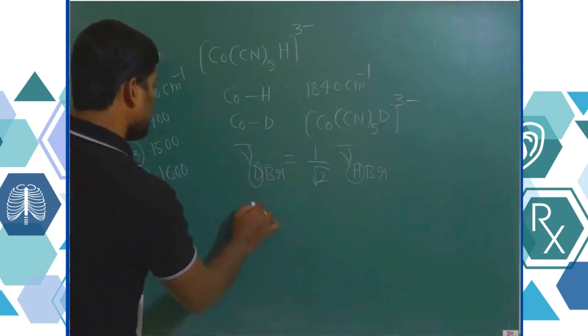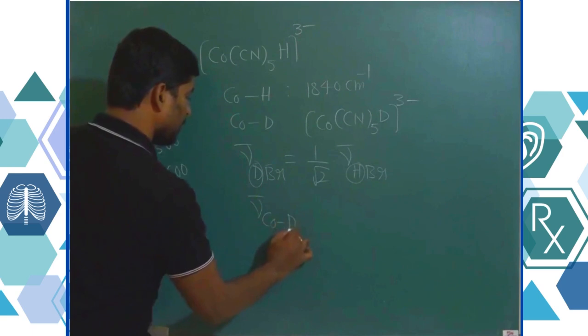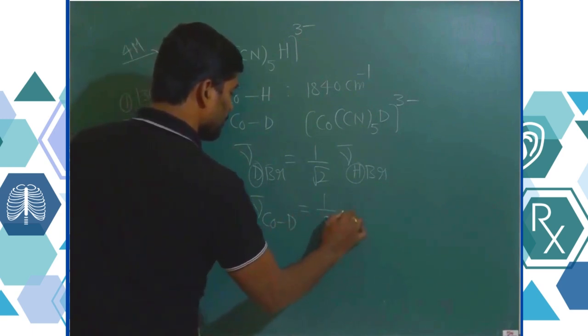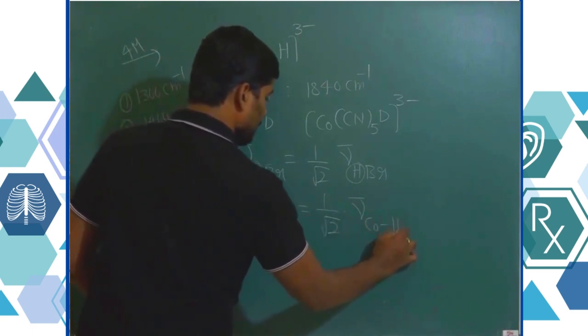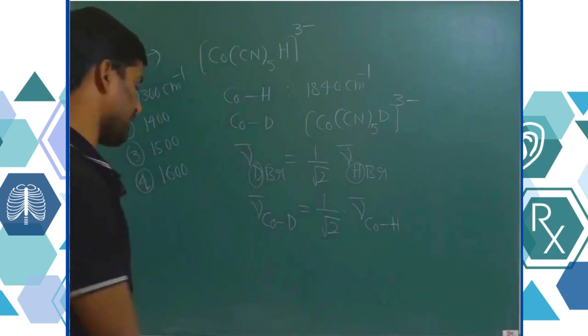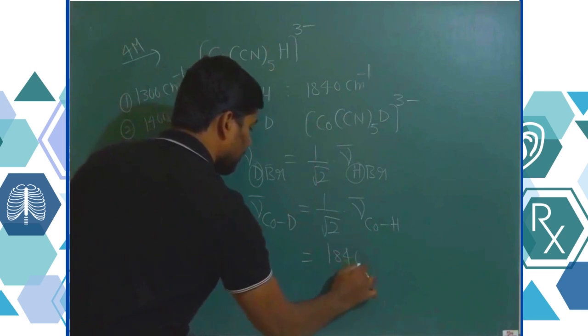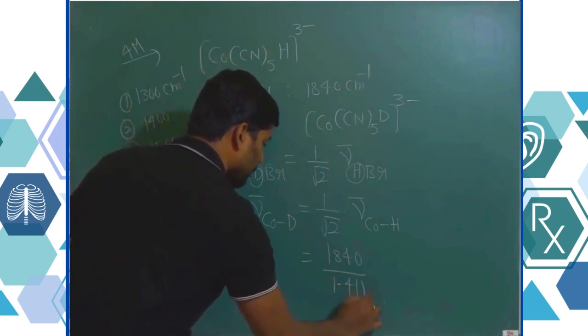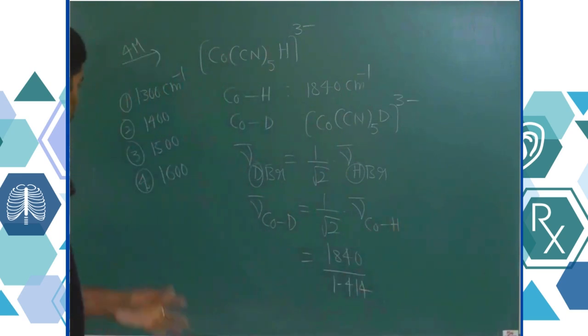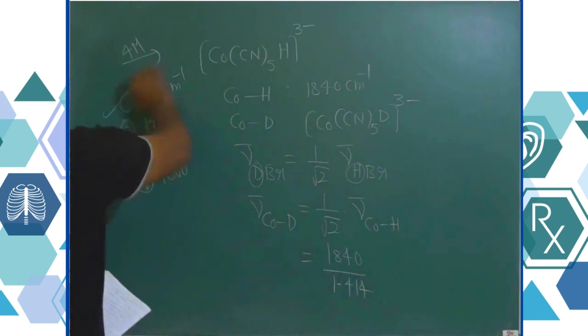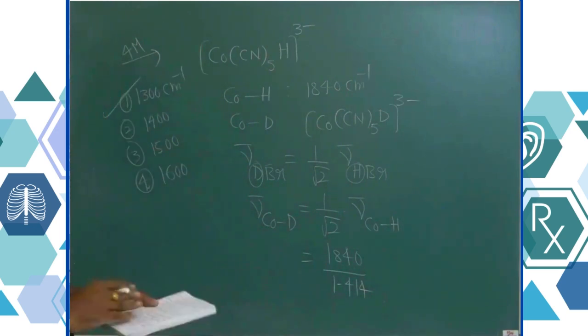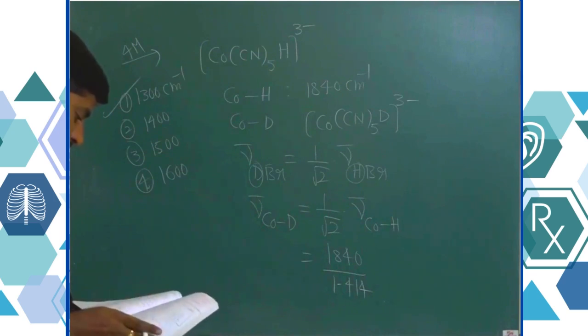Similarly here, the vibrational frequency of COD is 1 by root 2 times the vibrational frequency of COH, that is 1840 by 1.414. If you calculate, nearly 1300 centimeter inverse we will get. So it is option 1.